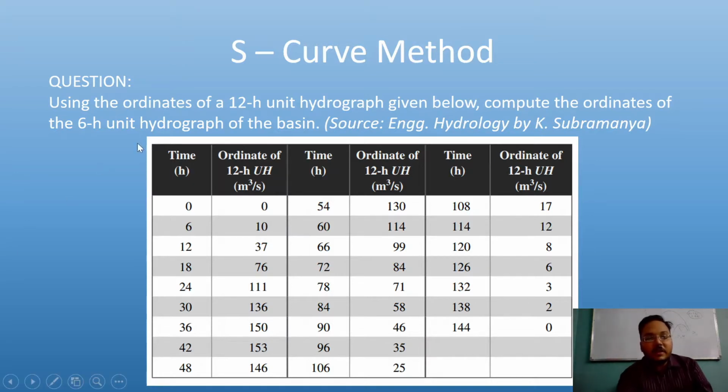In this problem, you are given a 12-hour unit hydrograph and you have to compute the ordinates of a 6-hour unit hydrograph. So M here is 0.5, because 12 hour is given to us and we are to compute 6 hour, meaning M is 0.5 into D, that is 12, equal to the 6-hour unit hydrograph. That is what we are asked to find in this question. So let's proceed to the solution.